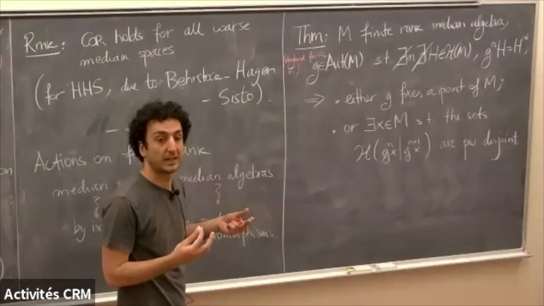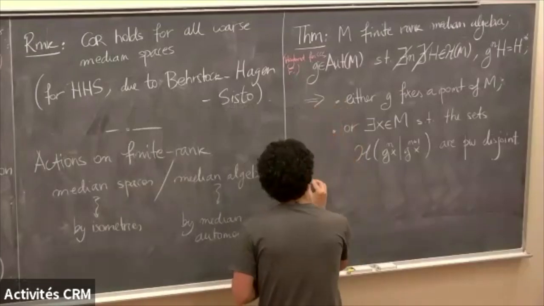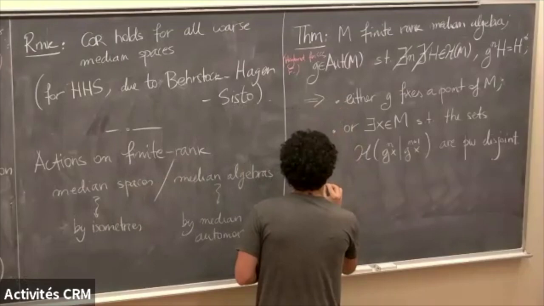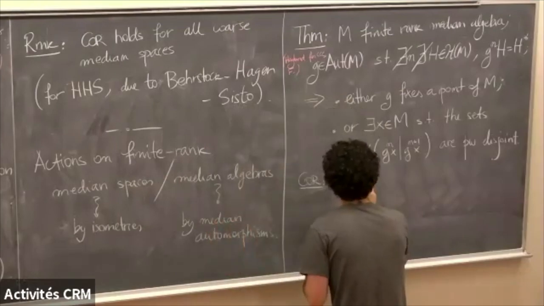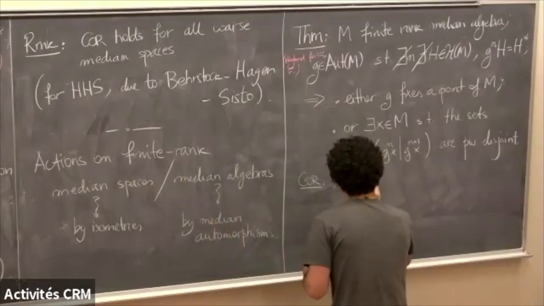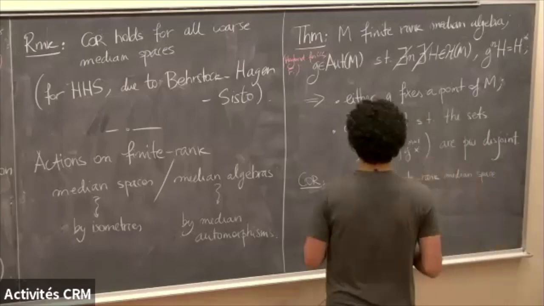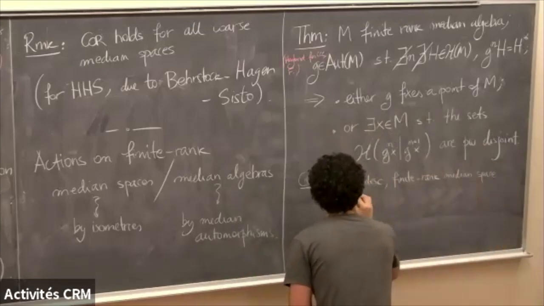So, okay, let me maybe say what the corollary is for median spaces so that it's clear what I mean. The corollary: if X is a complete geodesic median space, and G is any isometry.